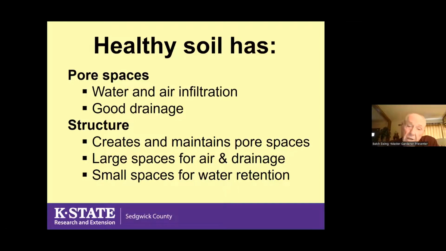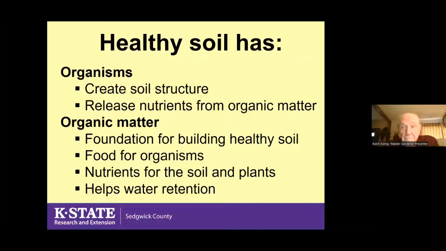But you'll also have small spaces then to retain some of that water. So a healthy soil also has organisms that create that soil structure. And they also release the nutrients from the organic matter that's in the soil for both the nutrients and for the plants.